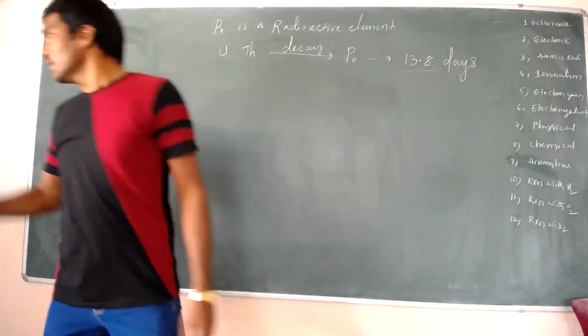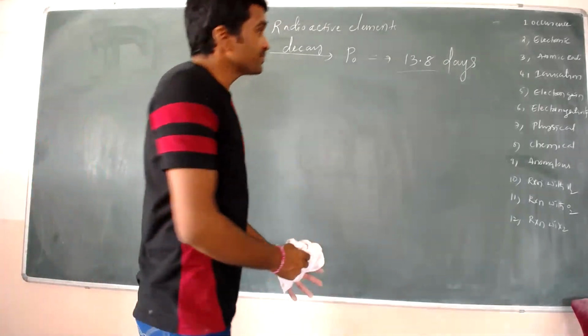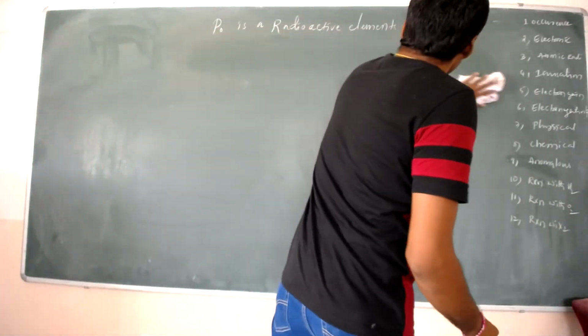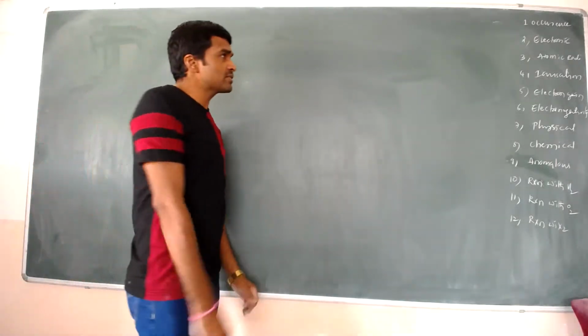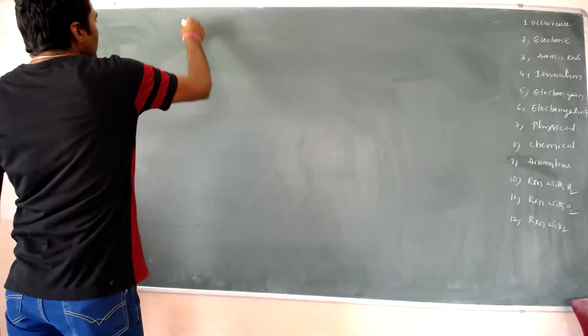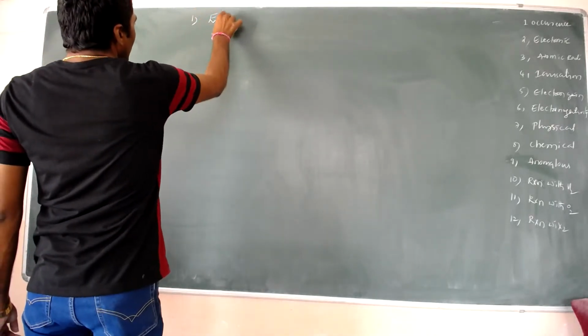Now we are going to discuss the general properties of sixth group elements. First one, electronic configuration.